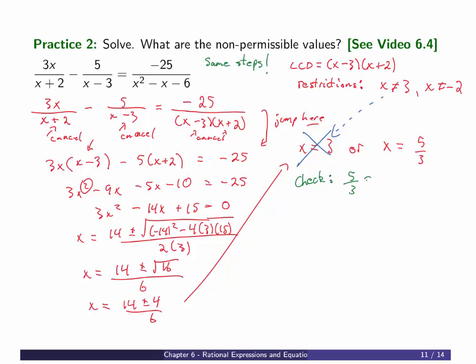If you want, you could convert this to 1.6 repeating, which isn't ideal, and I'm going to leave it as 5 over 3. So we have 3 times 5 over 3 over 5 over 3 plus 2. With the decimal, you would have an approximation, and it would be very close. It would work out well.